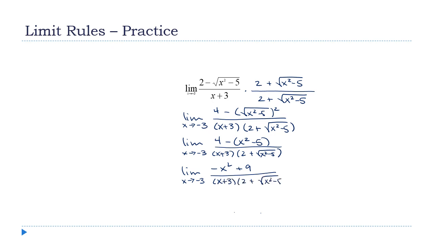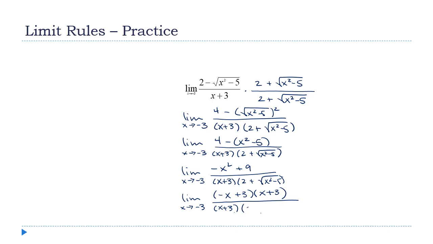Square root of x squared minus 5. Okay, that numerator factors. This is the limit as x approaches -3 of (negative x plus 3) times (positive x plus 3). And this is the good things happen step.